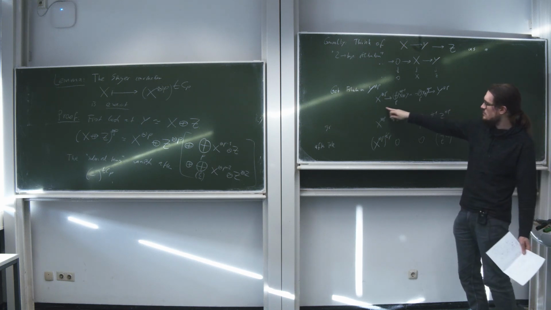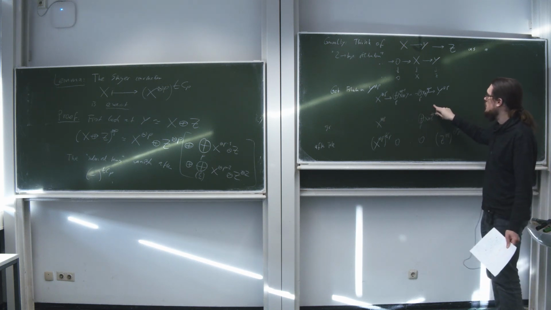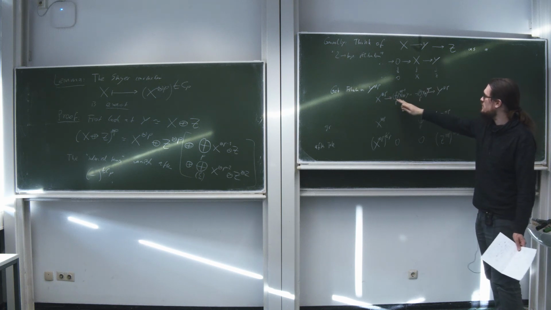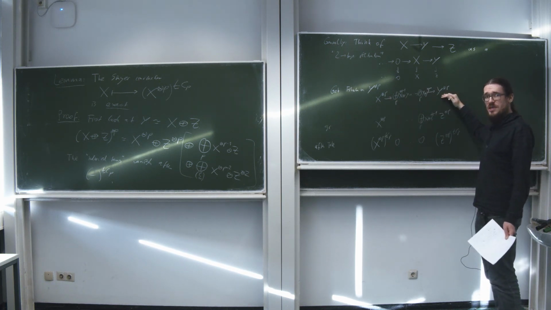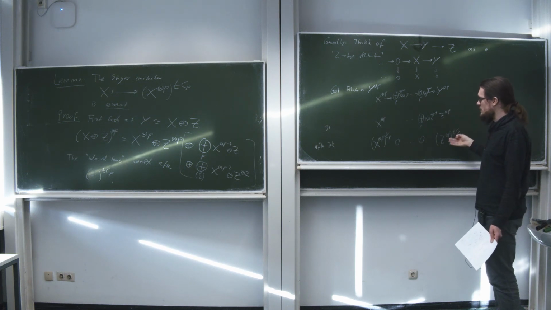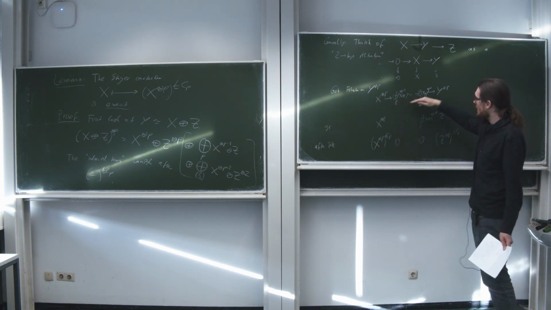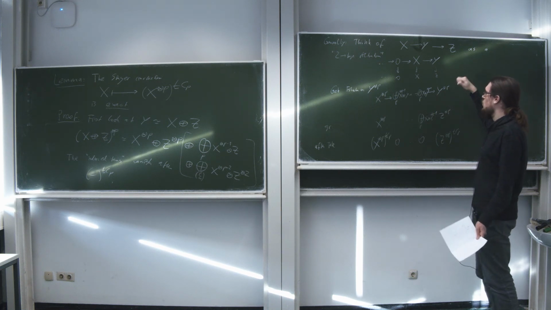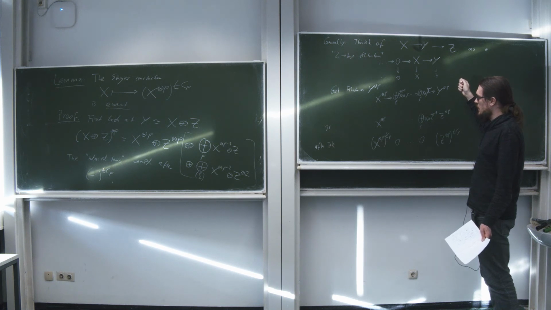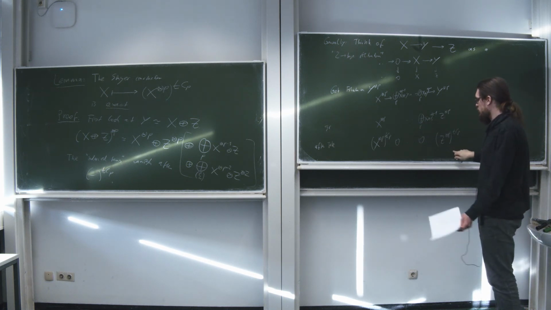And as this guy was a filtered object with underlying thing y tensor to the p, after Tate, what I'm getting after applying Tate to this diagram will be a filtration on y tensor p Tate CP. But it will have this associated graded, right?